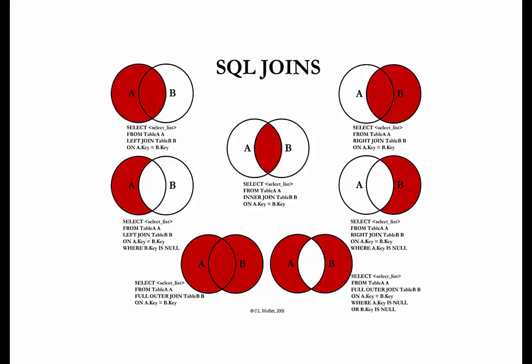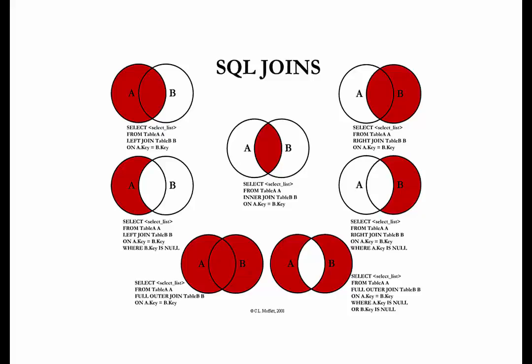Okay, the left join is this. So we get all the records from A and the matching records from B. That's the right join, and it's just the inverse of that relationship. Finally, we have the full outer join down here, which is all the records from A and all the records from B, whether they match or not.